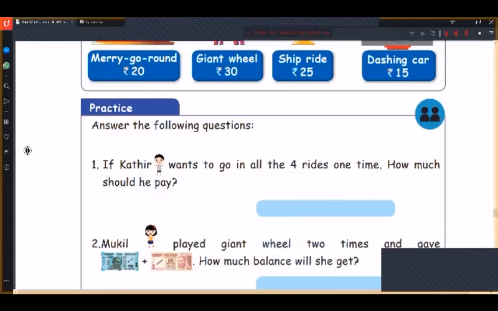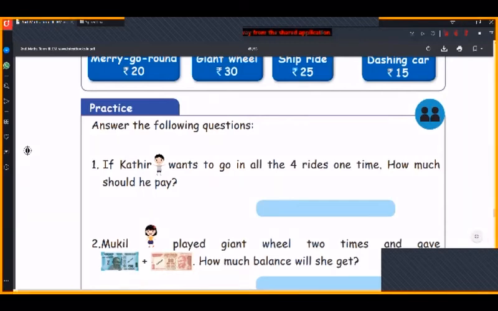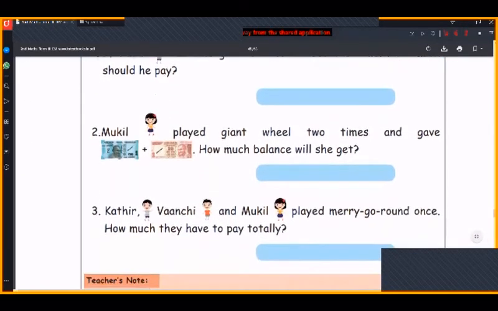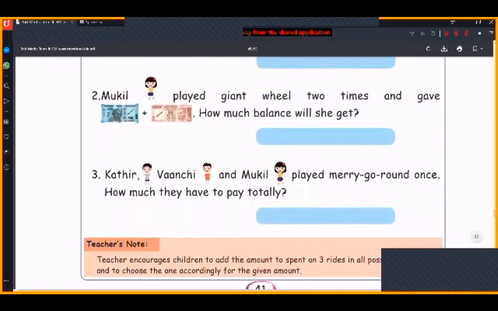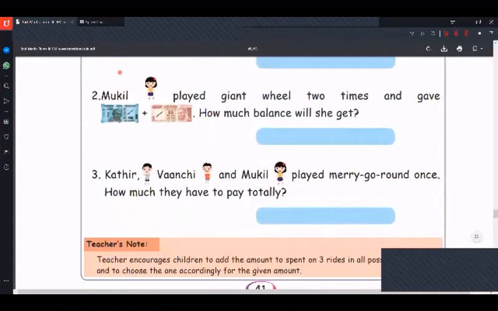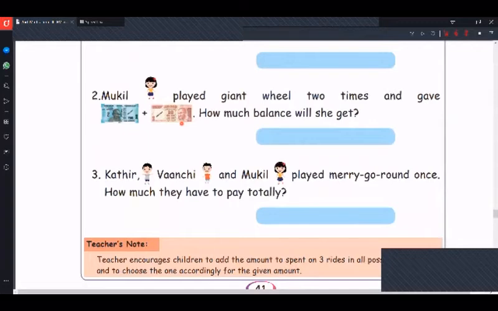Now, the next one. Mugil played giant wheel 2 times and gave a 50 rupees note and a 20 rupees note.